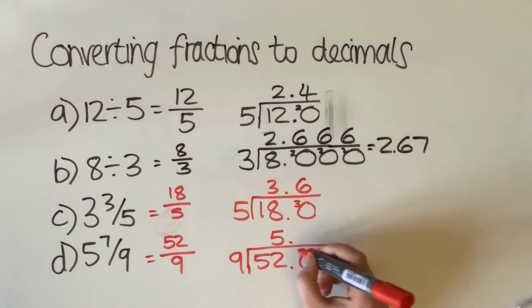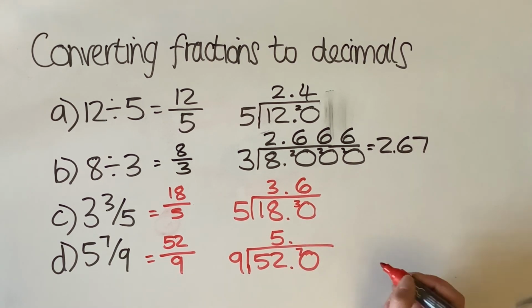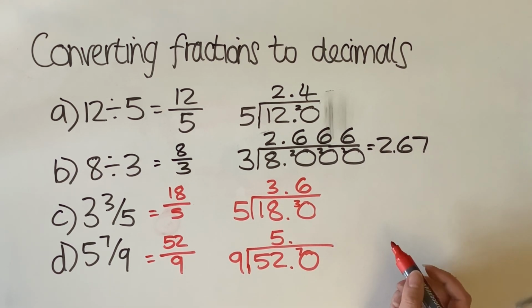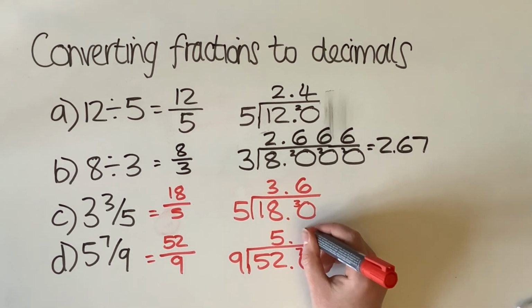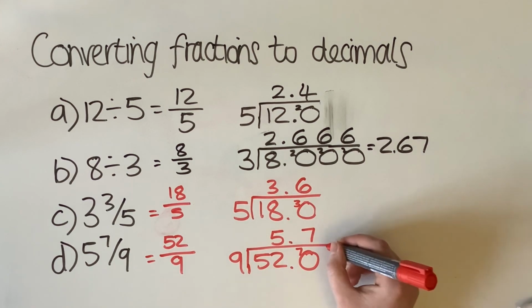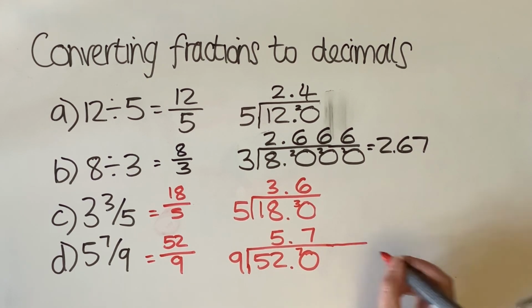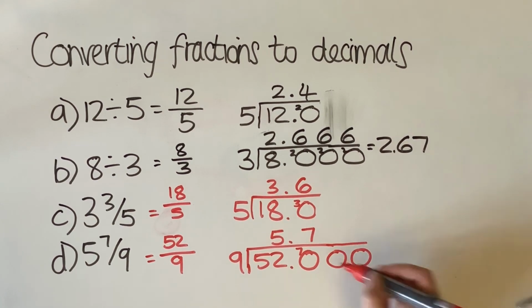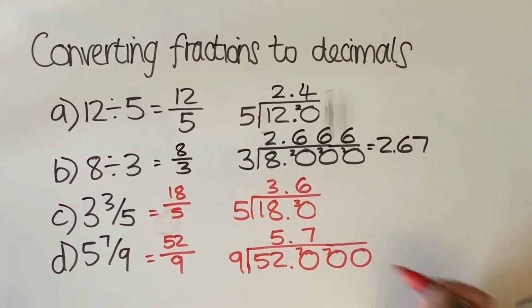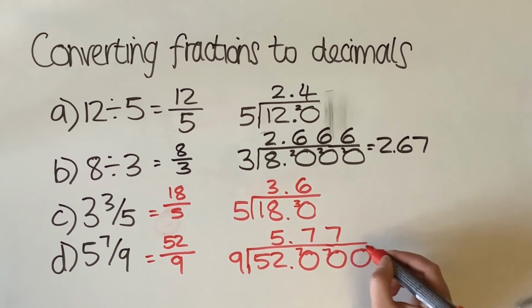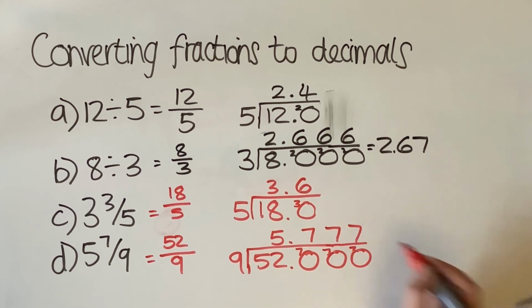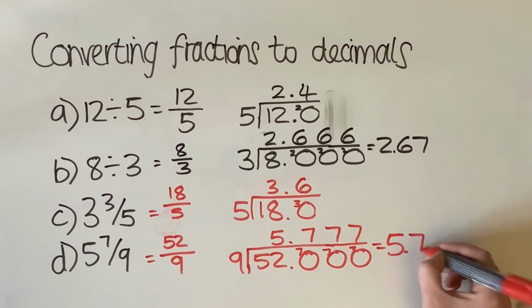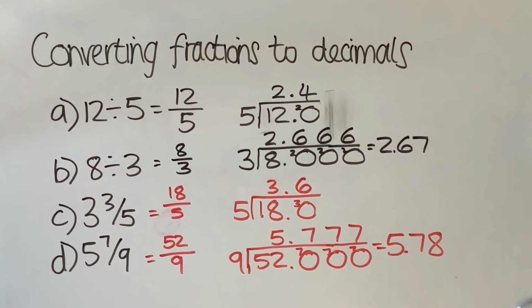What is left over is 7. How many 9s go into 70? There would be 7, because 7 times 9 is 63. This time I did need my zeros. 63, what's left over would be 7 again. How many 9s in 70 would be 7. So it'd be 7 again. And then round it, so it'd be 5.78. So well done if you got that correct.